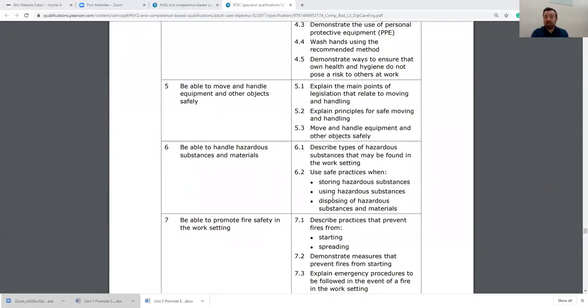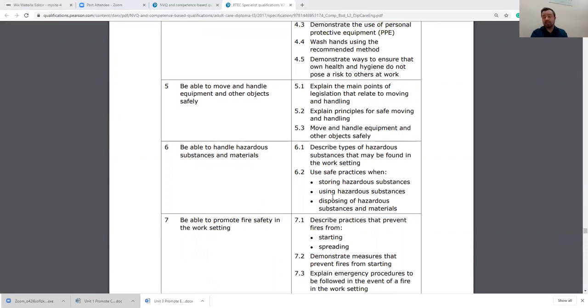Number 5 is about moving and handling equipment and objects safely. Again, during your induction training, you were taught how to move and handle. You will have done your moving and handling training online. You would have done the practical, theory and assessment. So explain the main points of legislation relating to moving and handling is relatively straightforward. We know that we shouldn't be moving and handling equipment if it can be avoided.